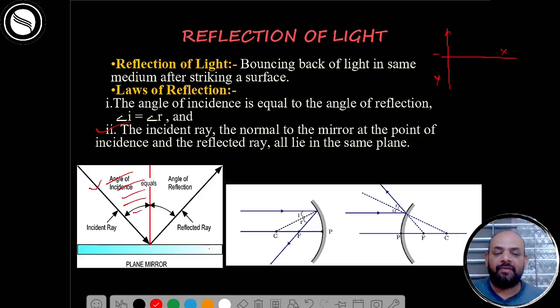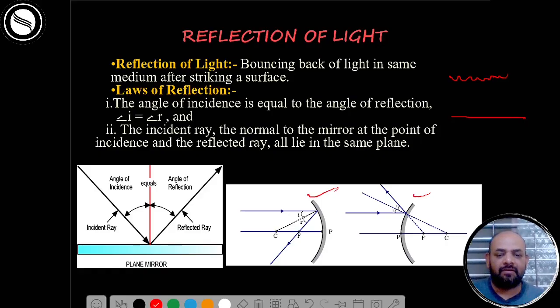Now this law of reflection is valid for all kinds of surface. It's not only for plane surfaces. The laws of reflection are valid for a rough surface, a plane surface, a shiny surface, or any surface. Here we have taken two examples, concave and convex mirror.